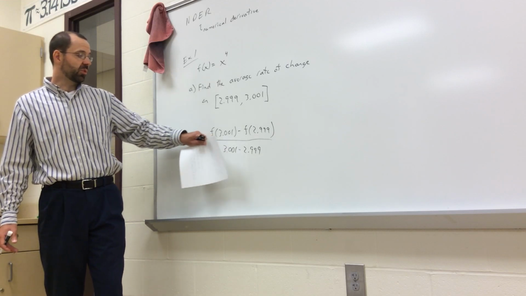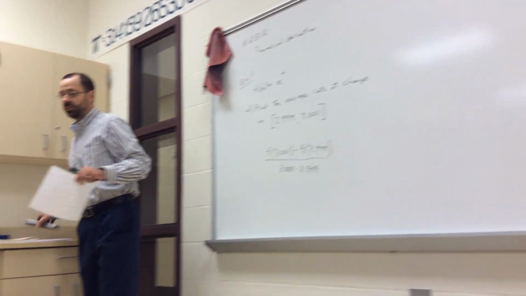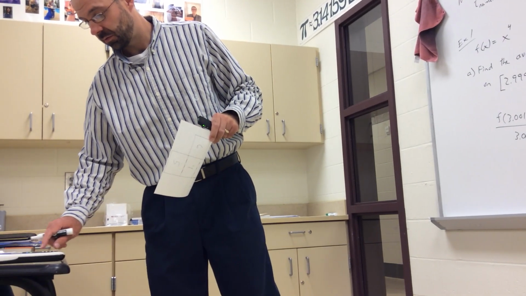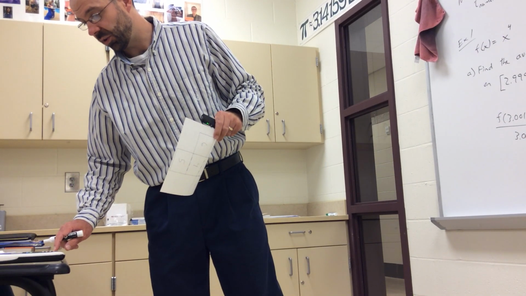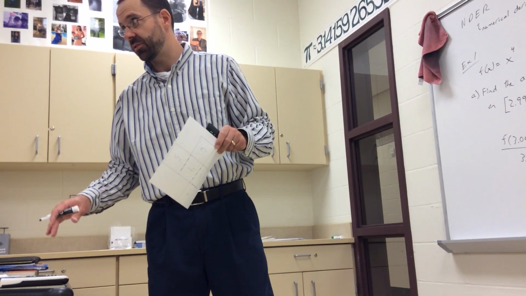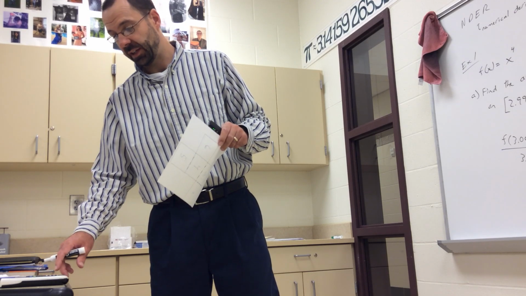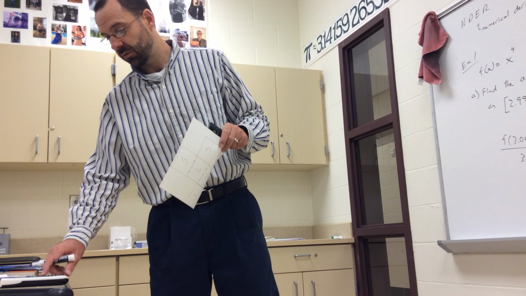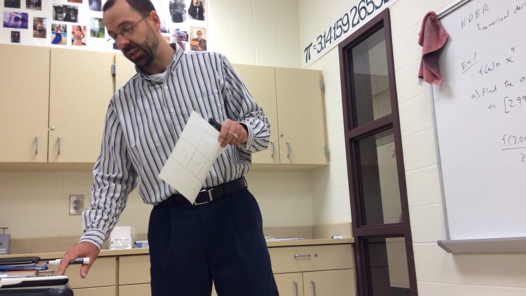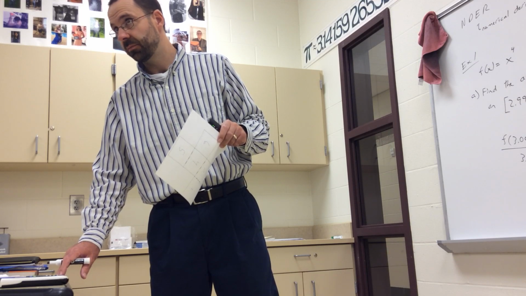Okay, so I've got to plug 3.001 into the function x to the fourth and see what decimal that is. So 3.001 to the fourth power is like 81.108, et cetera, et cetera. I don't want to round yet, so I'm going to go ahead and subtract 2.999 to the fourth, and that's like 0.21600000024.